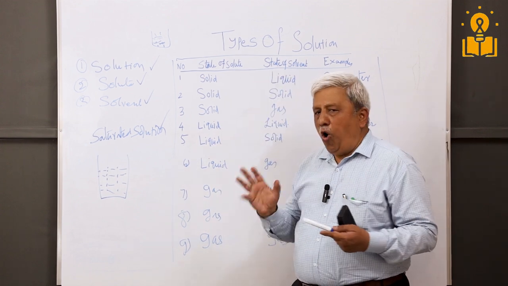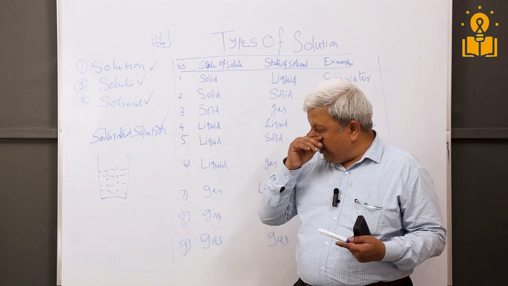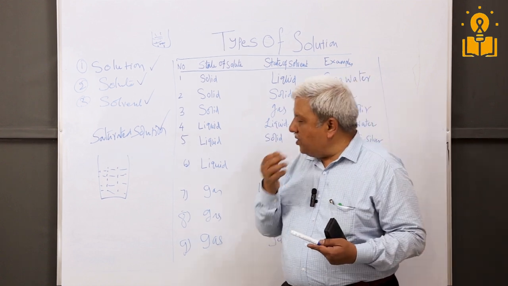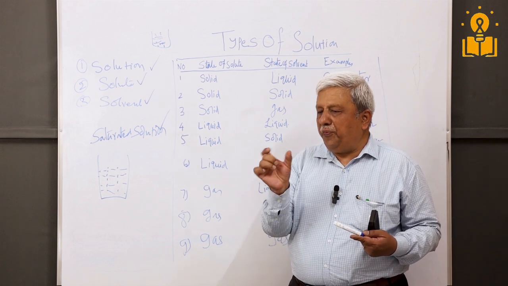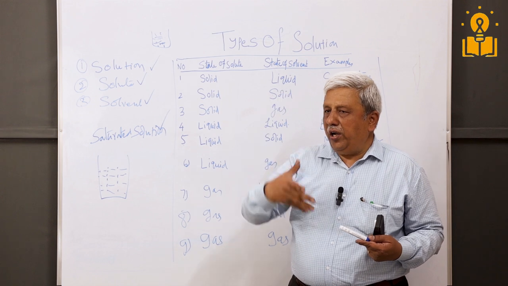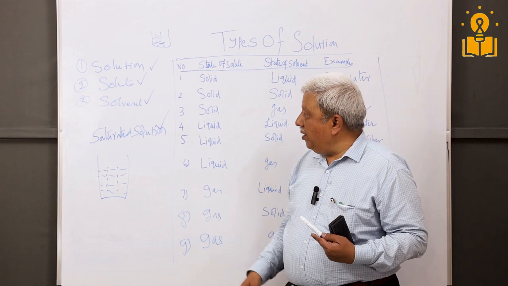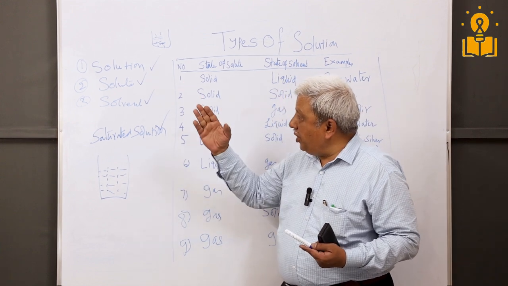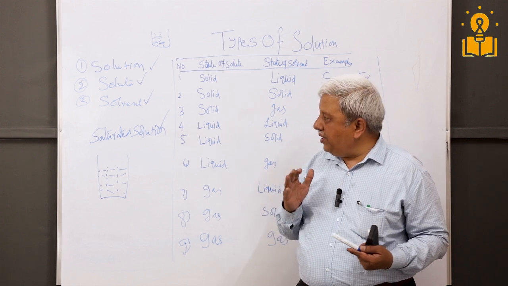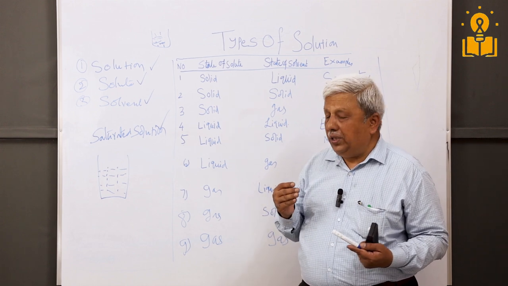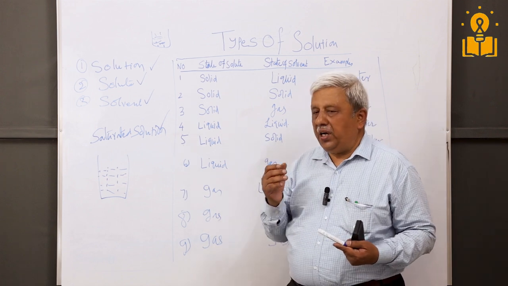So we just saw the definition of true solution and turbid solution. True solution means a homogeneous mixture. Homo means similar, genus means matter, the same matter. The second is the turbid solution, that is heterogeneous. Heterogeneous means two different matters that can be separated, like oil and water, or sugar and water, they can be differentiated. Next we saw solute and solvent: solute in a small quantity and solvent in excess quantity, or solute in a discontinuous phase and solvent in a continuous phase.